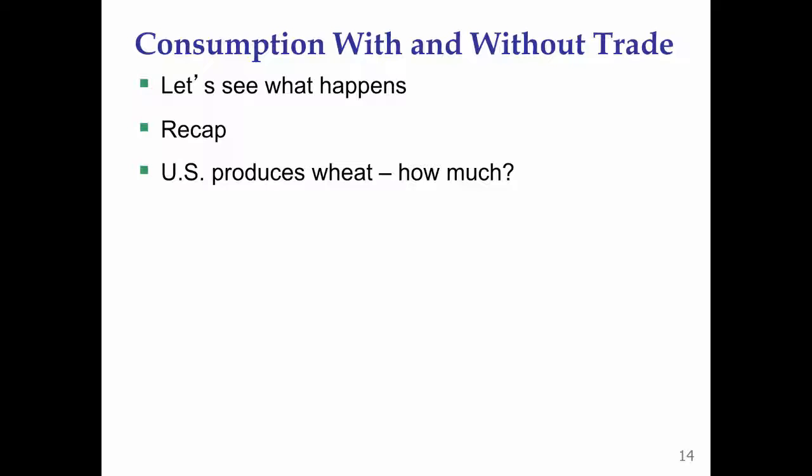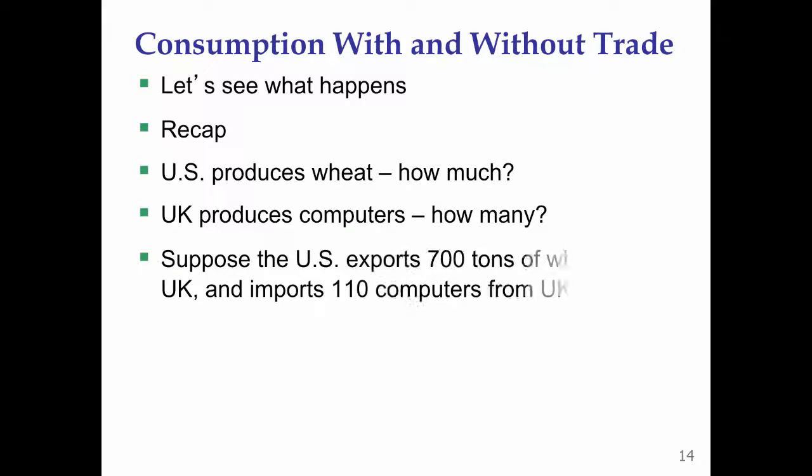And based on our PPF, if you look back, the most wheat the US can make is 5,000 tons. The UK should make computers. Again, it specializes. It'll make as many as it can, and the most it can make are 240 computers. So what we're going to have is a situation where the US has all the wheat and the UK has all the computers. So again, that's when they're going to trade.